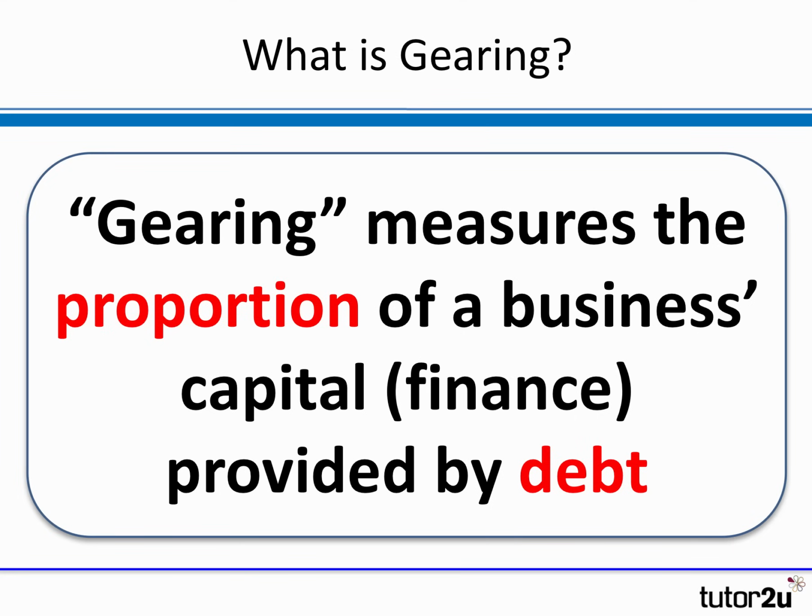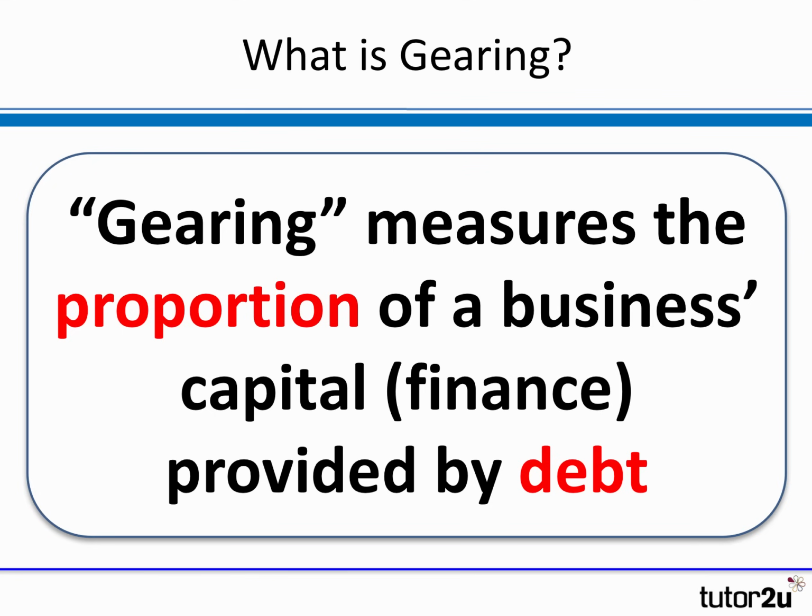Now, gearing is a funny sounding word, so it's important to try to remember what it's trying to achieve, what it's trying to represent. Gearing is all about how a business is financed, and in particular it considers the relationship between the amount of finance in the business that is provided by what's known as equity, otherwise known as share capital or shareholders' funds, compared with the amount of finance that is in the form of debt, for example, bank loans.